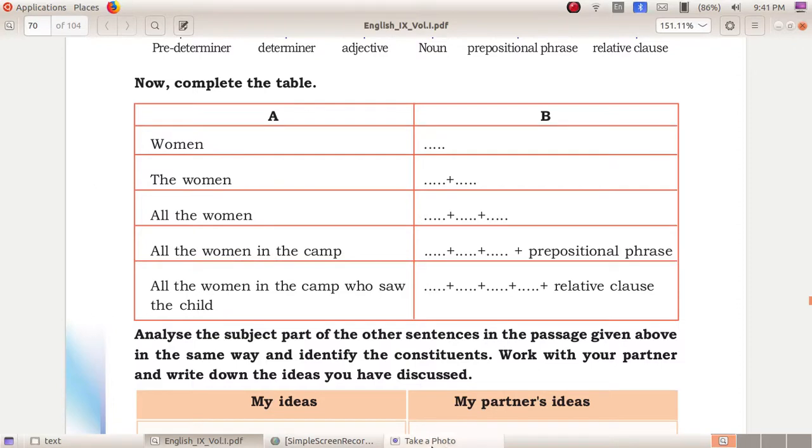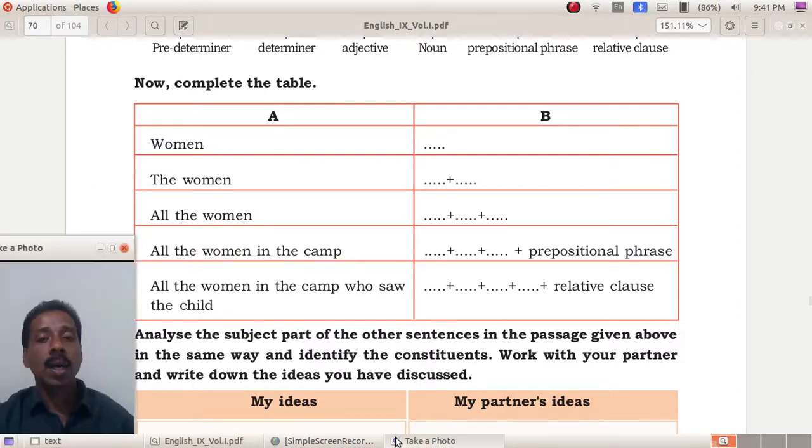All the women in the camp who saw the child. So here also, all, predeterminer; the, determiner; women, noun; in the camp, prepositional phrase; who saw the child, relative clause.